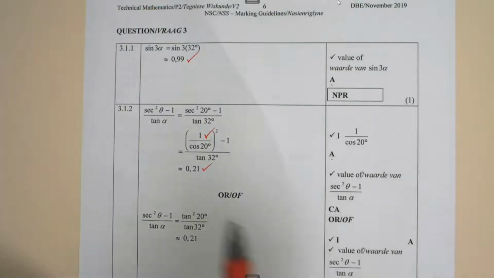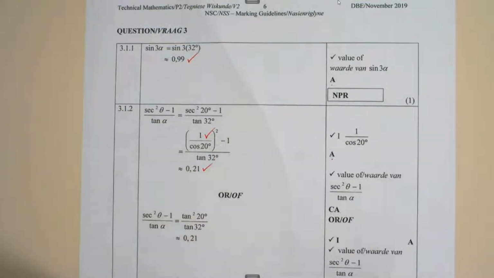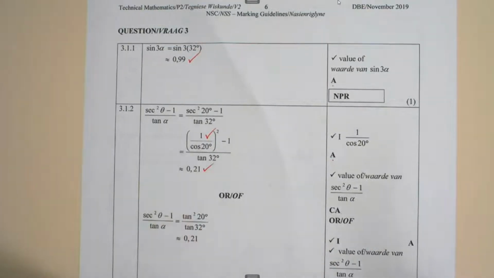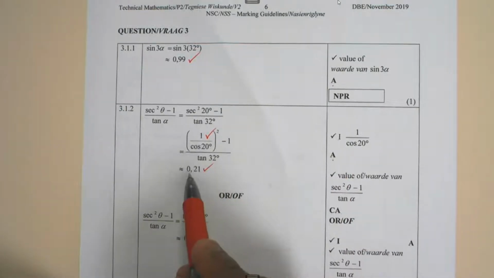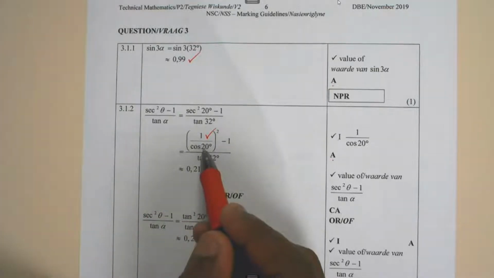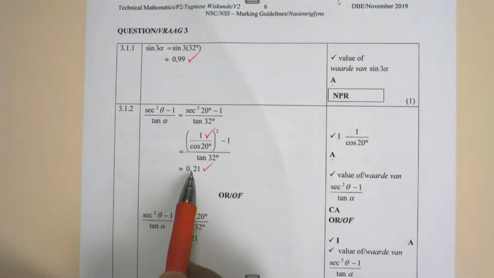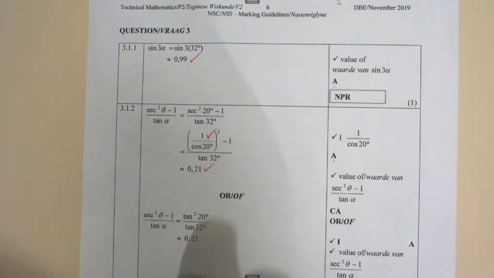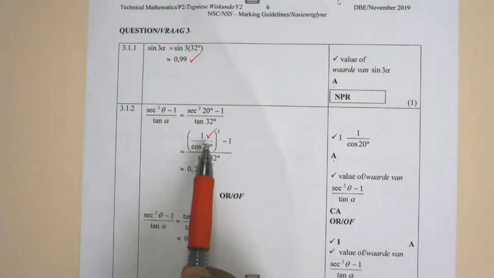Some learners, for some reasons that we don't know, might write sec as 1 over sine 20 degrees. So it means the identity is wrong. But pressing your calculator, the answer is right according to the mistake committed here. Therefore, it becomes a CA mark. Obviously, the answer will not be the same as this one. Please, colleagues, if the identity is wrong, take out the calculator as a teacher, press and check: is that answer correct based on the mistake committed by the learner in the first step?